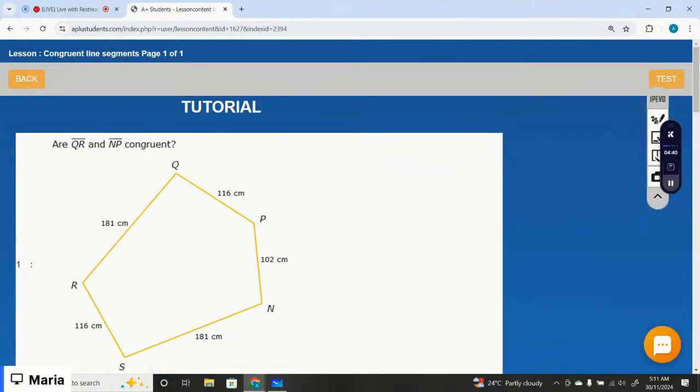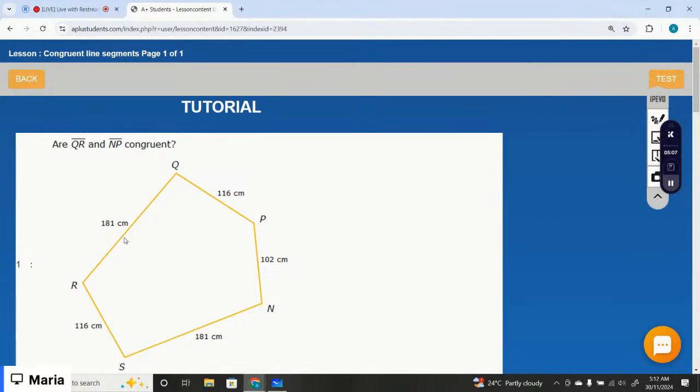Are QR and NP congruent? Yes, QR and NP are congruent because they have the same measurement, so they are congruent.